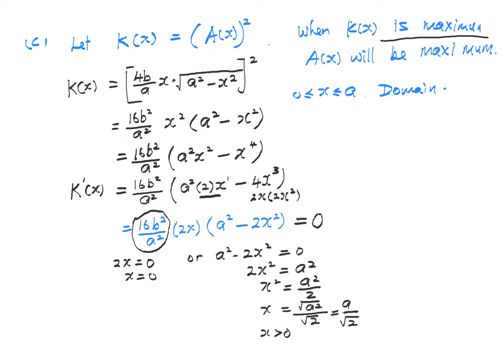According to this domain, now I draw the sign diagram for k prime x. Start from 0 to a. So this is your a over root 2. Since the question is asked for maximum, you know here definitely needs to be plus and here needs to be minus.